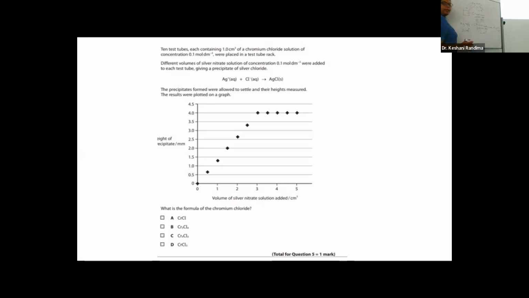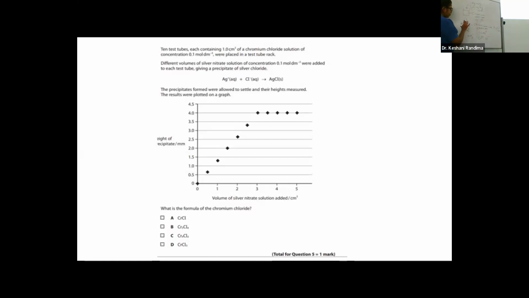From silver nitrate, we are getting Ag+ ions and NO3- ions. From chromium chloride, we are getting Cr ions and chloride ions.